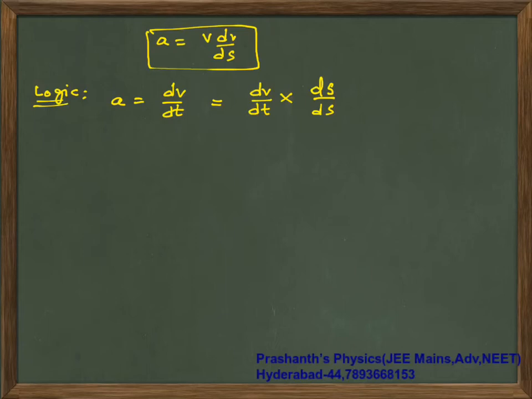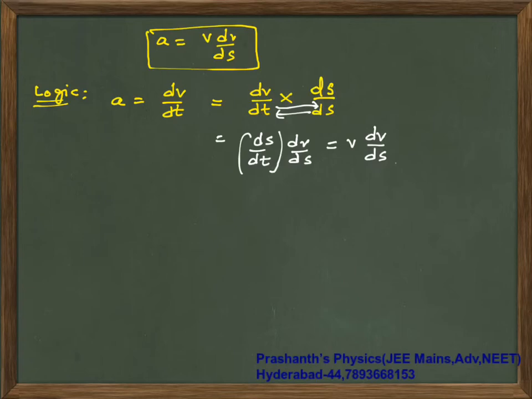Now interchange these two terms, and rearrange it and write it as ds by dt into dV by ds. But ds by dt is what? V. So your final value is V dV by ds. So that is your acceleration.